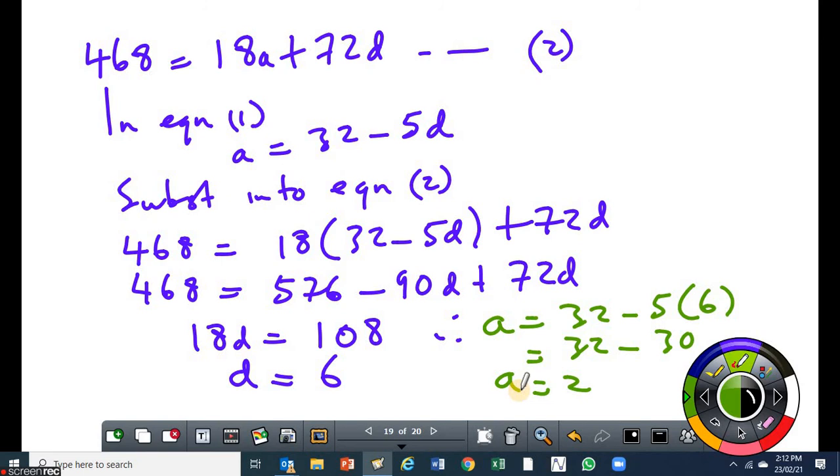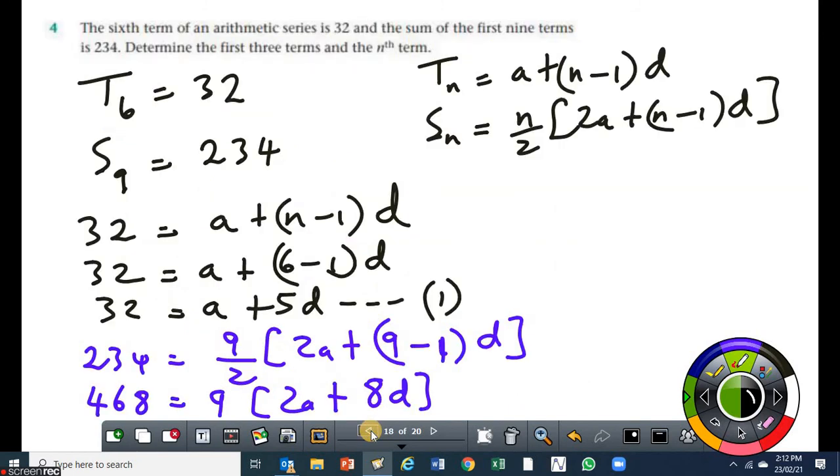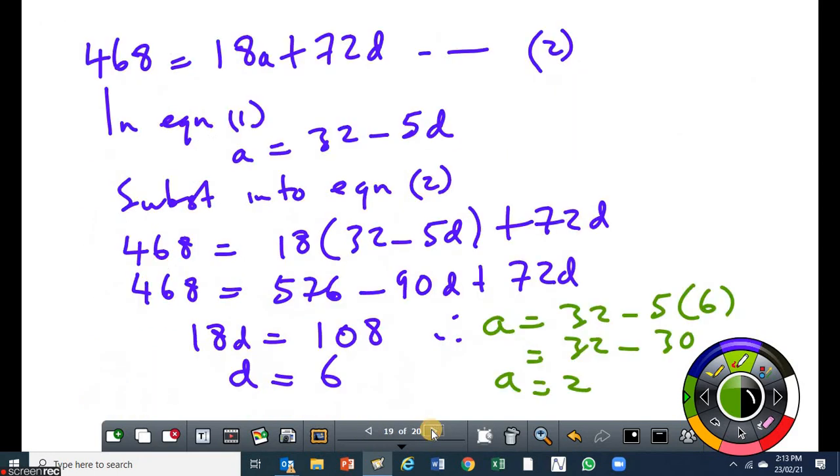Now the question is, what are we trying to calculate? If we go back to the question, it says, determine the first 3 terms and the nth term. So I now know the first term a. It's a 2. The common difference is a 6. So I just have to add 6 to 2 to get the second term, then another 6 to get the what? The third term.